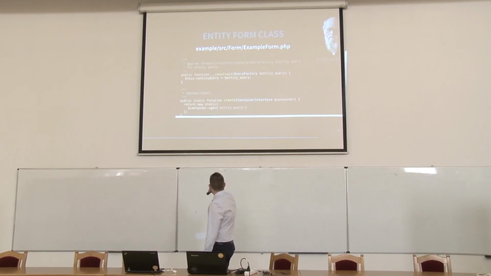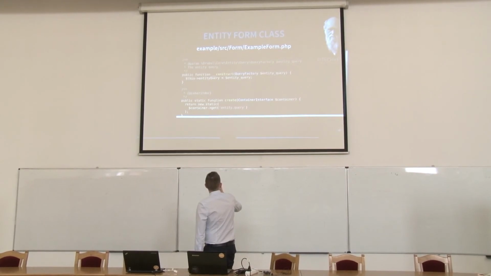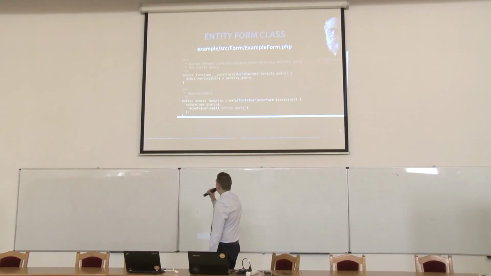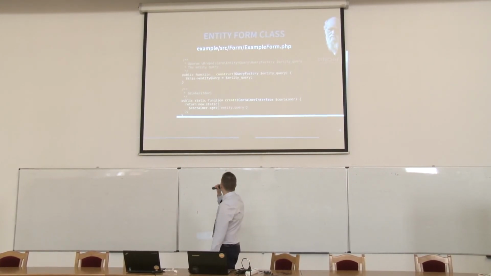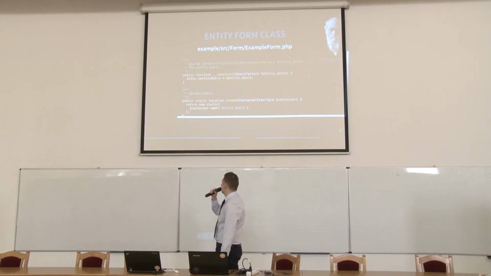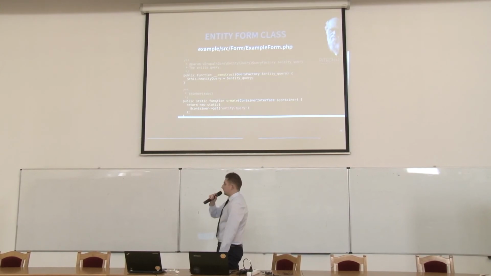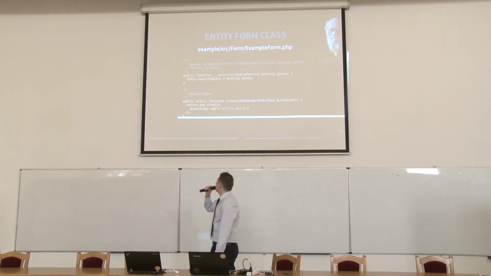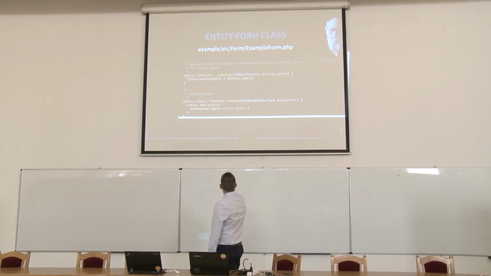Here in the create method, we have the container interface, which passes the container. Then from the container, we can get the service, the entity query. Before this class is instantiated, the create method will be called because it is a static method, and then the result will be passed to the constructor.